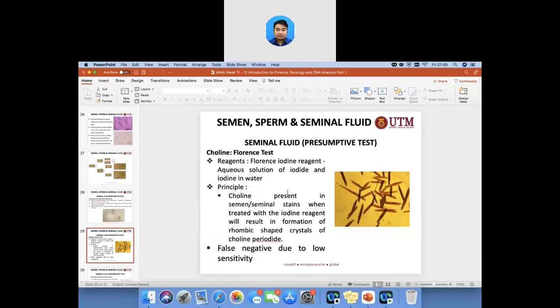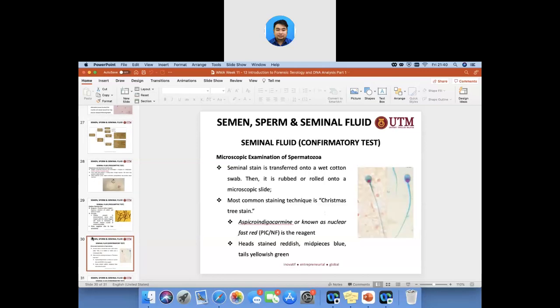False negatives occur due to low sensitivity. Basically, the sensitivity of this choline fluorescence test is quite low, so this low sensitivity will cause a false negative, right?